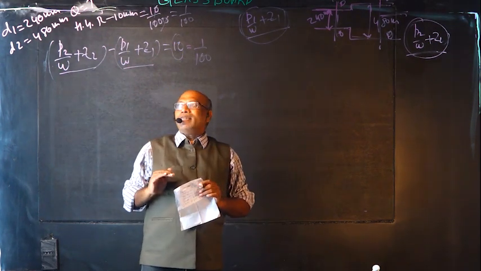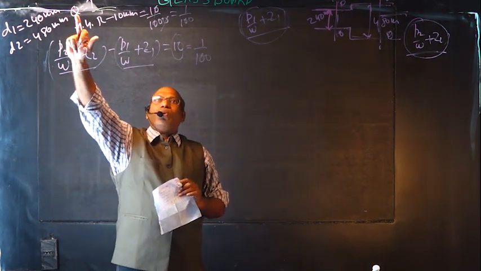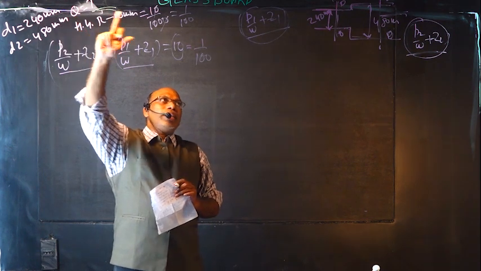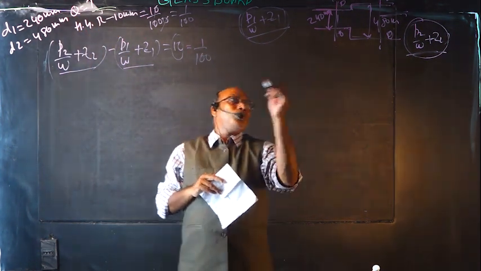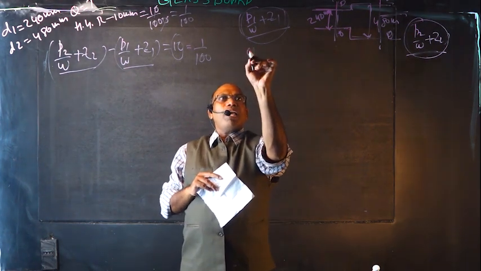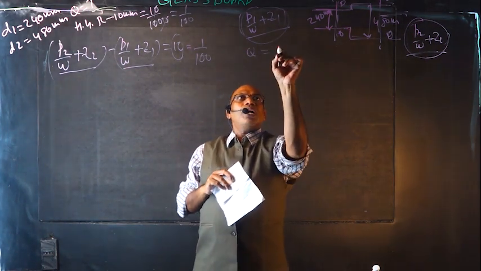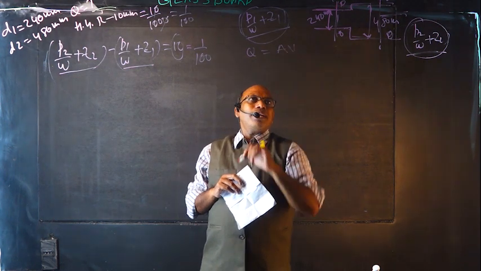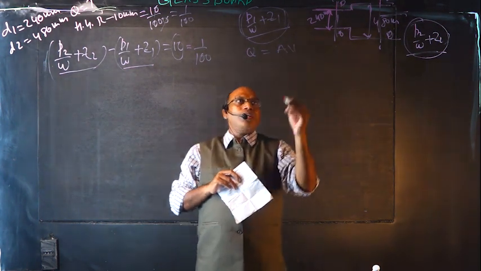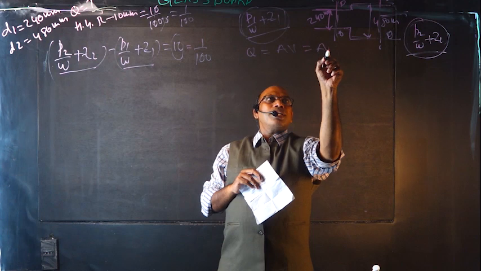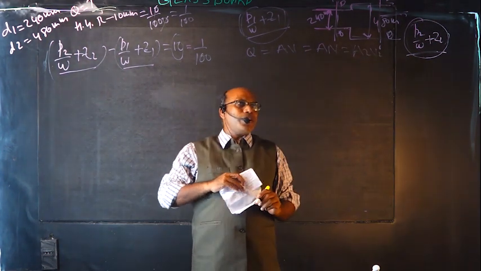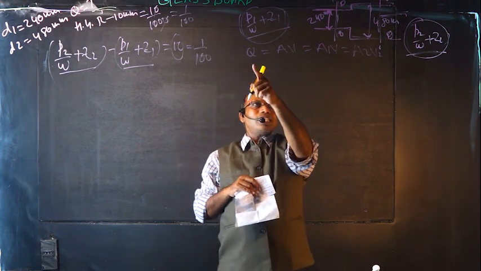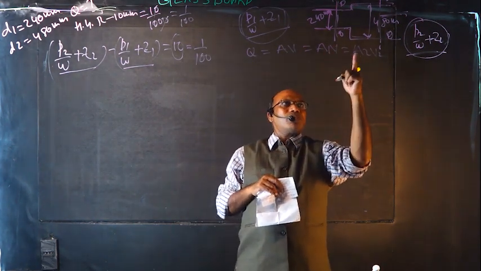We want to determine the discharge Q in this pipeline. For the determination of discharge, we know one formula: Q is equal to A V, or Q is equal to A1 V1, that is equal to A2 V2, based on the continuity equation. The discharge is constant, so section 1-1 equals section 2-2.